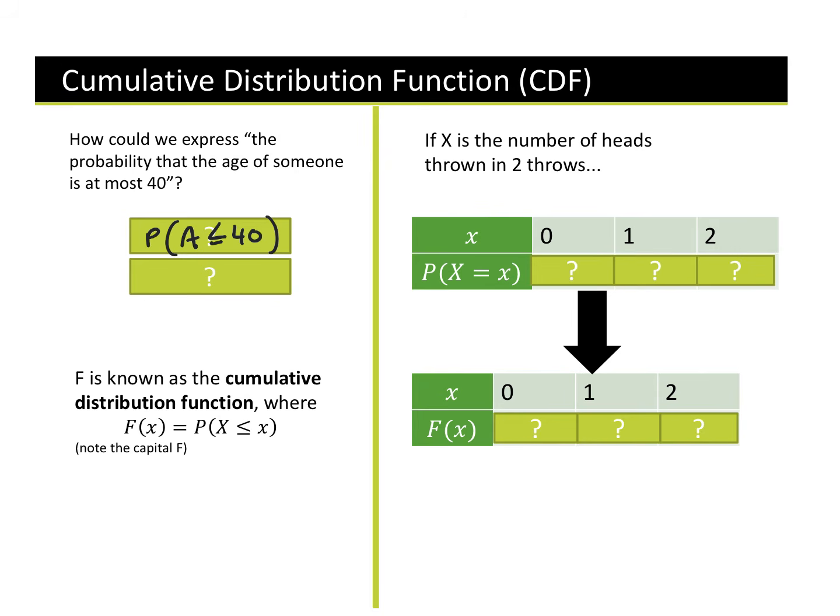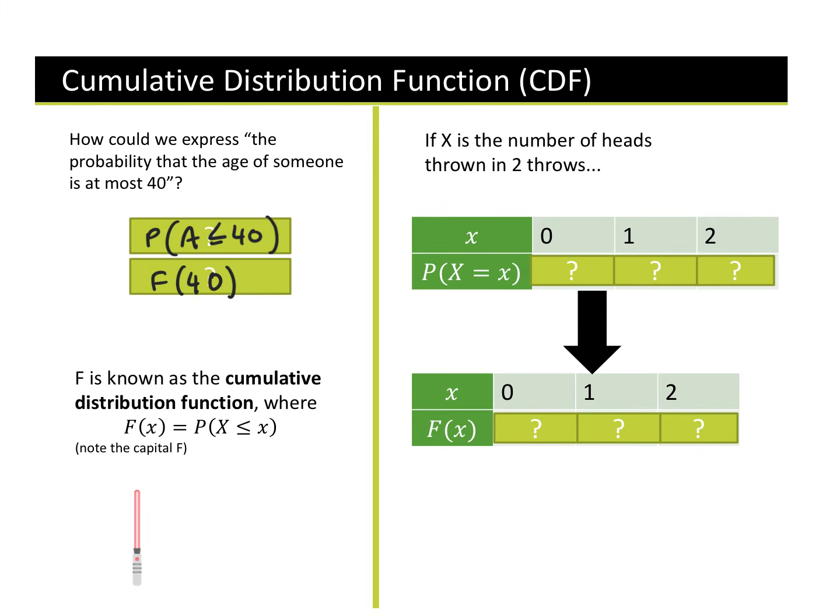Using our cumulative distribution function, this would mean that we want F of 40. So, the rule is, if we have the probability of the outcomes that we want being less than or equal to our value of x, we write F(x), okay? This is what we write.